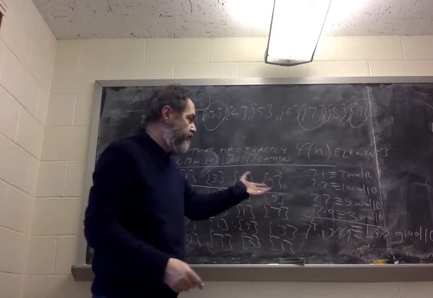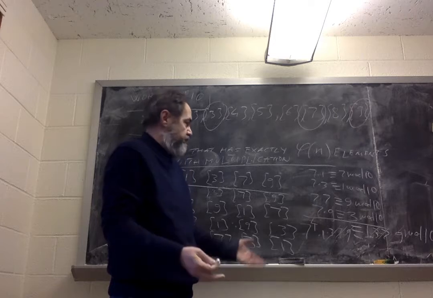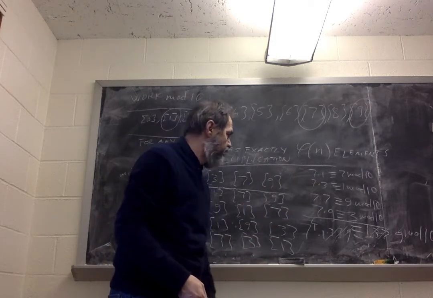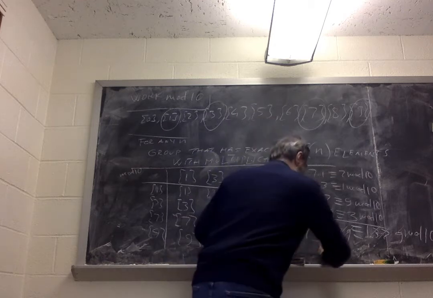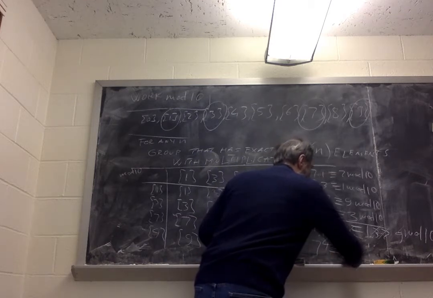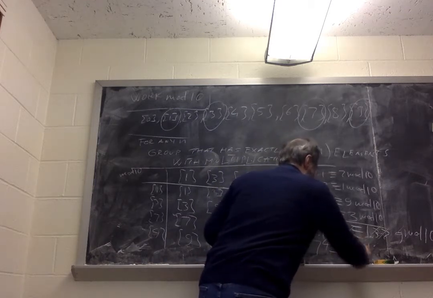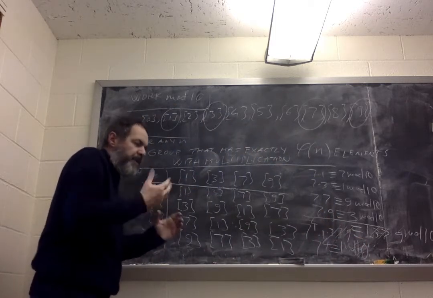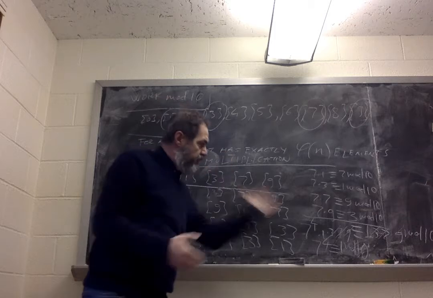That was the key reason why Euler took this. Since they are relatively prime, we can cancel, and we're left with 7 to the 4 is congruent to 1 mod 10. Or in terms of classes, the class of 7 multiplied by itself 4 times gives us 1.